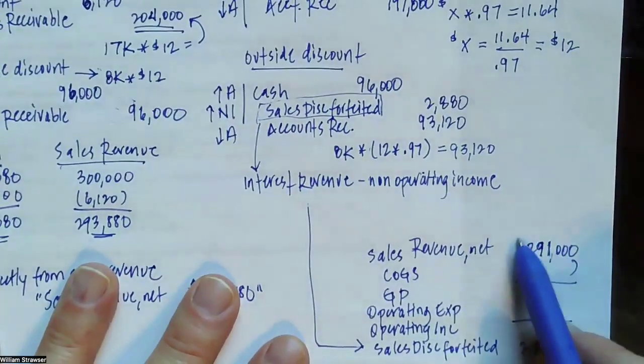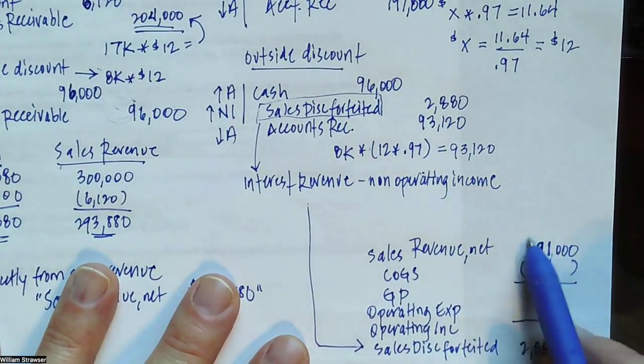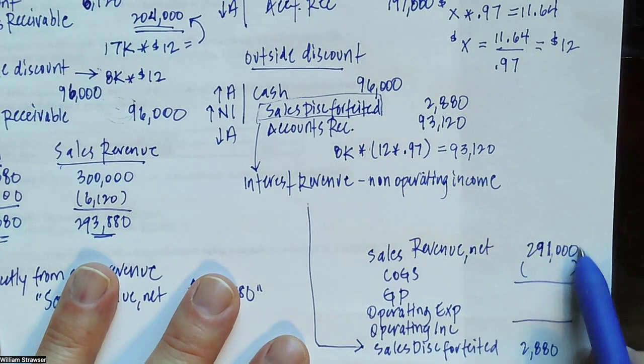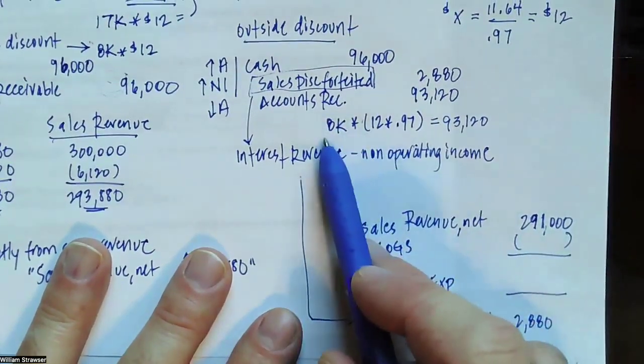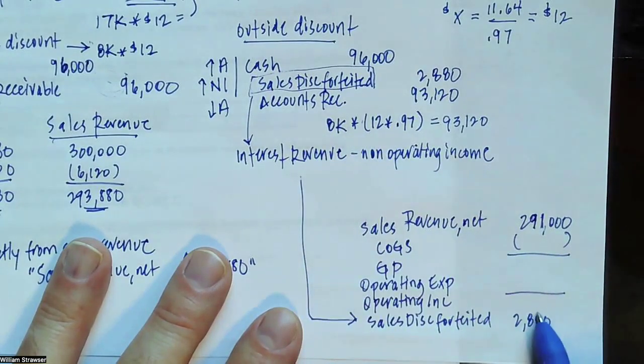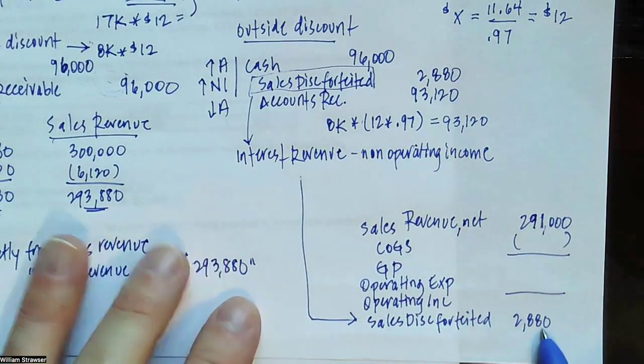And so it discounted our revenue for the entire amount, as if every unit was paid for in the discount. Well, since some units, 8,000, were not paid for in the discount, we have to add some of that revenue back.